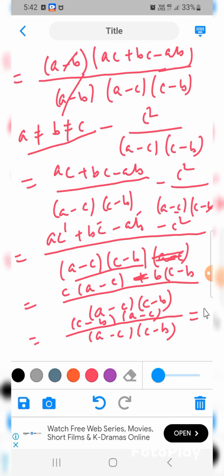So you'll get the result 1, and this is the right hand side. So it is proved in this way.